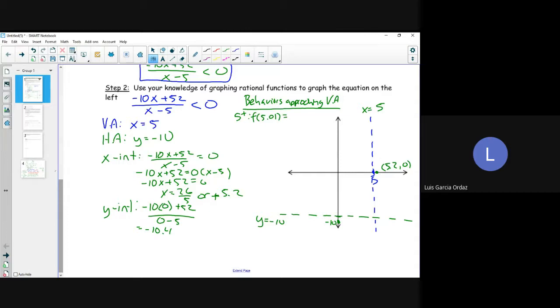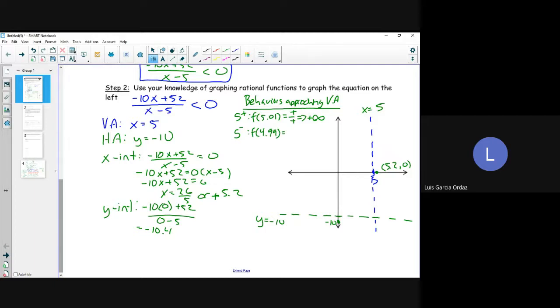So when we sub in f at 5.01, what sign does our numerator give us, positive or negative? So you get positive on the top and positive on the bottom, which means it approaches positive infinity. So now we're going to take 5 to the left. So we're going to take f at 4.99.